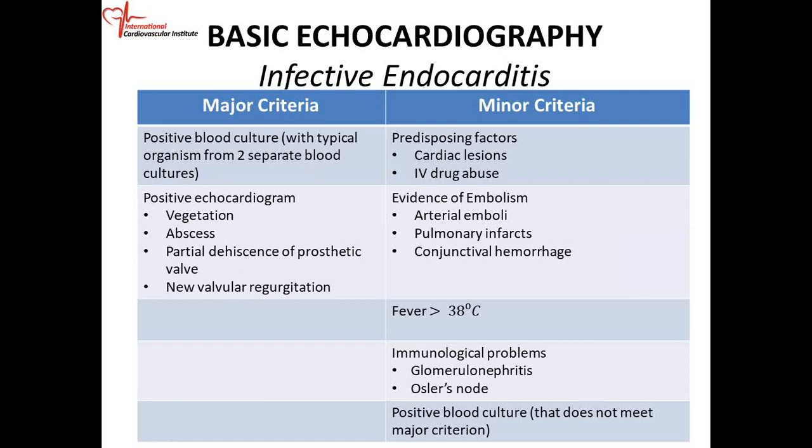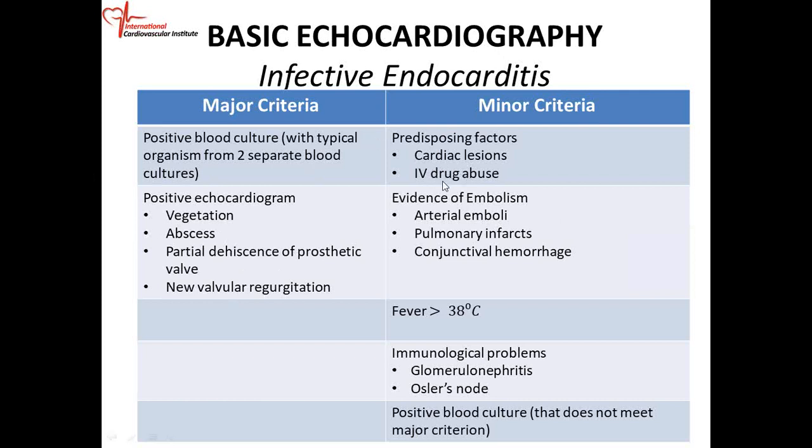Or the patient may be an intravenous drug abuser, and because they inject these drugs into the venous system, usually it's a lot of infected material that goes directly to the heart, so they overwhelm the protective system.